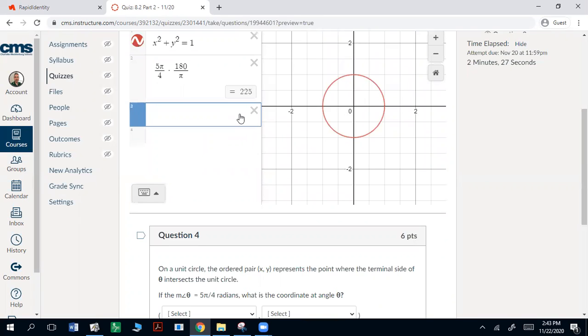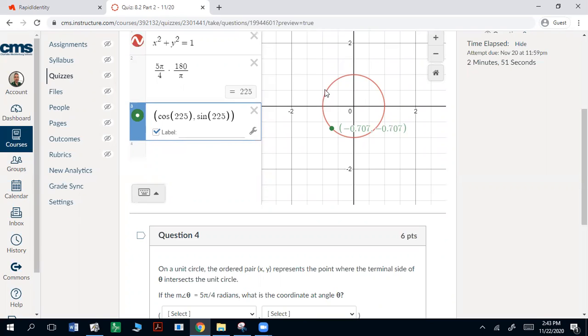Next, remember that cosine is x, sine is y. So we can create a coordinate, parentheses, cos 225, comma, sin 225. We can label that, and we can see that coordinate is down here.